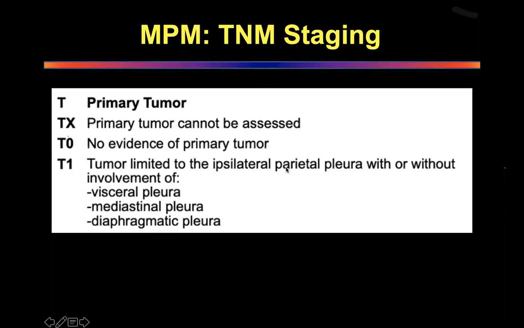So the ipsilateral parietal pleura, the key word is parietal pleura, can be present on the diaphragm, can be present on the mediastinum, and it can even touch the visceral pleura but not go into the lung. So this is the outer lining of the visceral pleura that we are talking about. Anytime it is just limited to the pleura, then it is T1.